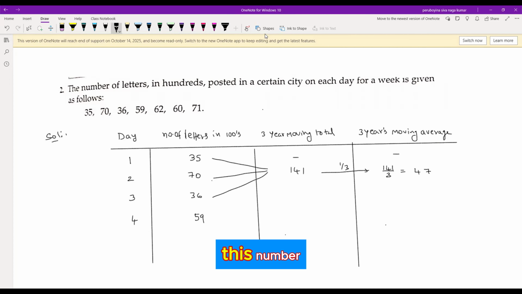Okay, write this number against the second value, because we have the first 3 years moving average. So place the first value there.